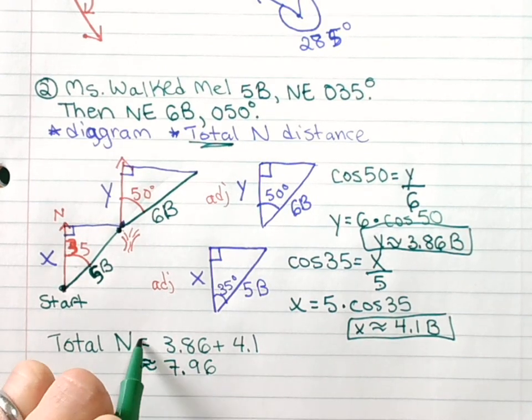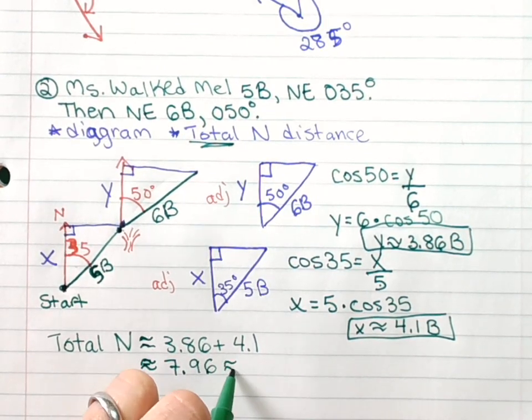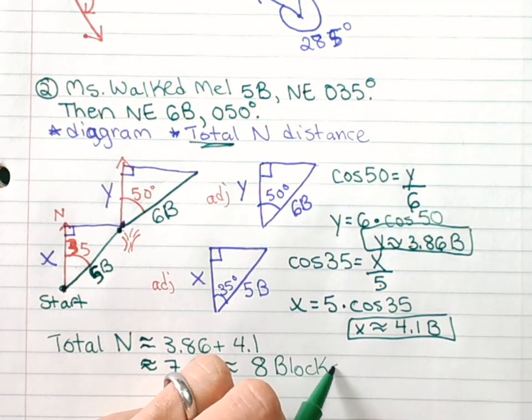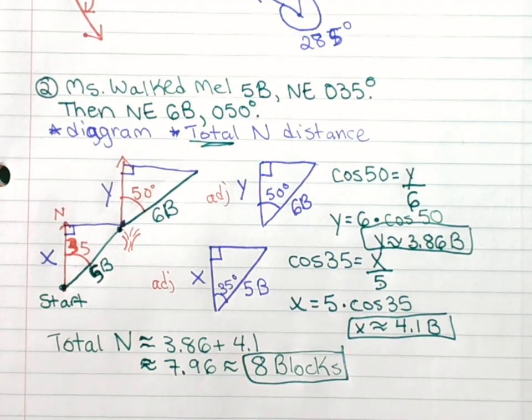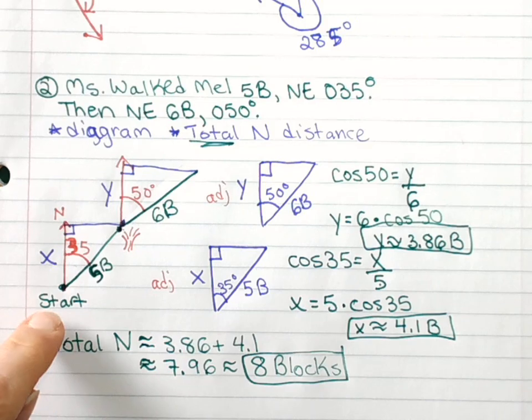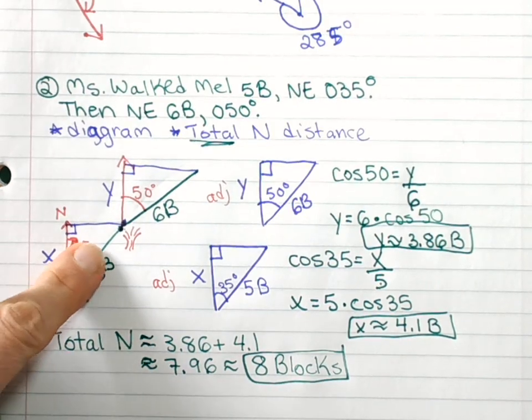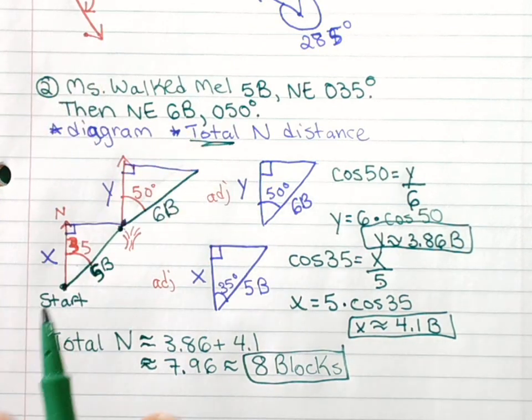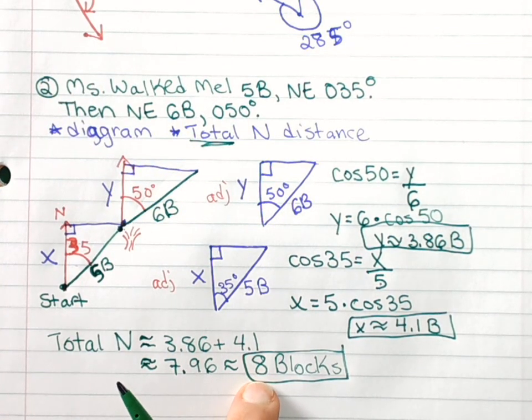Should probably put squiggly lines here. And that is about 8 blocks. So in Miss Paulson's walk with her dog, she walked 5 blocks northeast and then another 6 blocks northeast. But the total distance north was about 8 blocks.